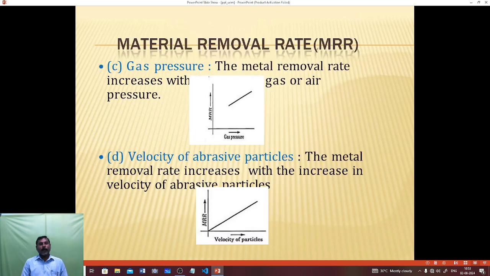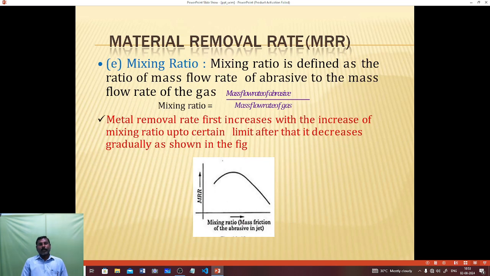Regarding gas pressure, the metal removal rate increases with the gas or air pressure. Regarding velocity of abrasive particles, the metal removal rate increases with the increase in velocity of abrasive particles. Mixing ratio is defined as the ratio of mass flow rate of abrasive to the mass flow rate of gas.